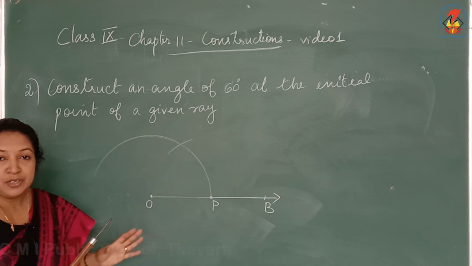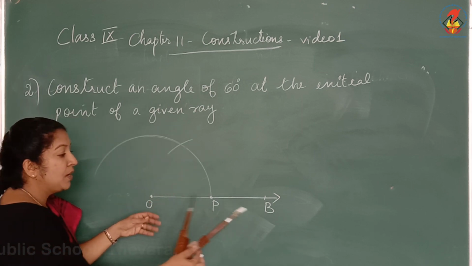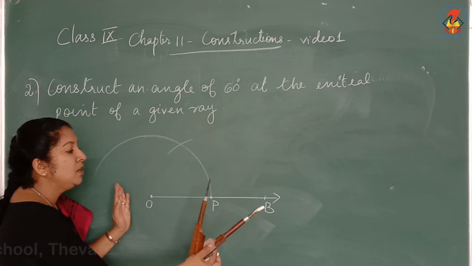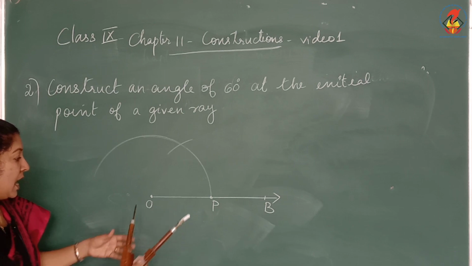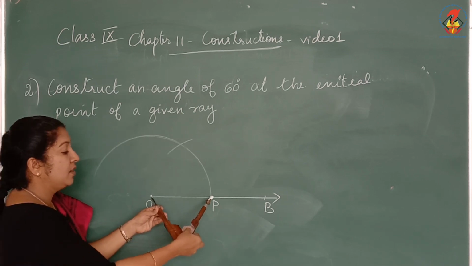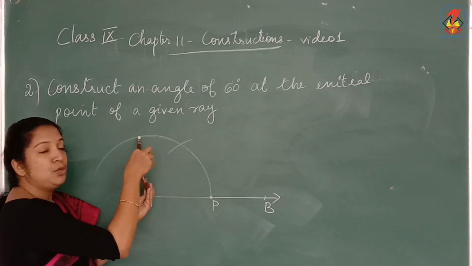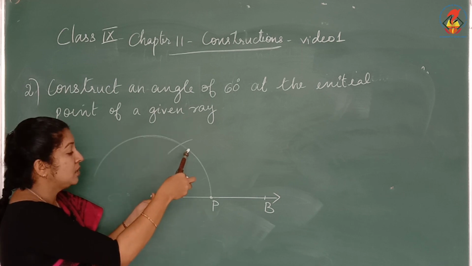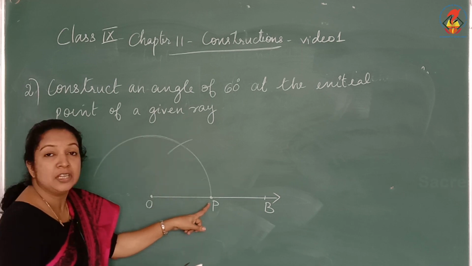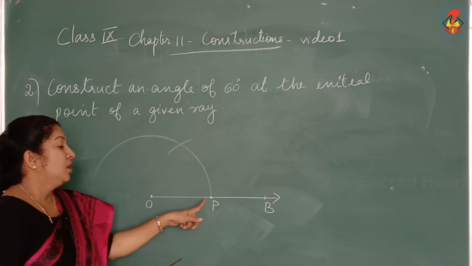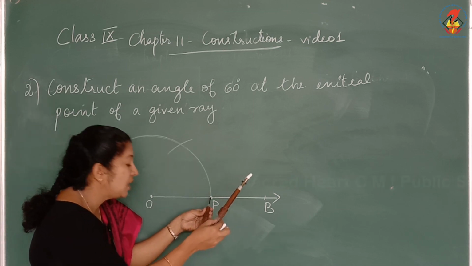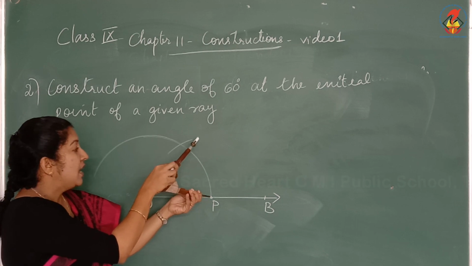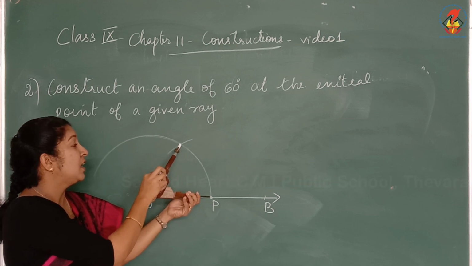So what's the first step? Draw a ray OB, and take any radius and O as the center. Draw an arc or draw a semicircle. Then mark the point of intersection of this arc with the ray as P, and taking P as the center and with the same radius make a cut on this arc.